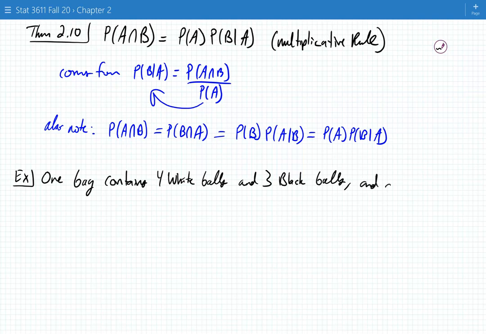And there's a second bag. The second bag contains 3 white and 5 black.